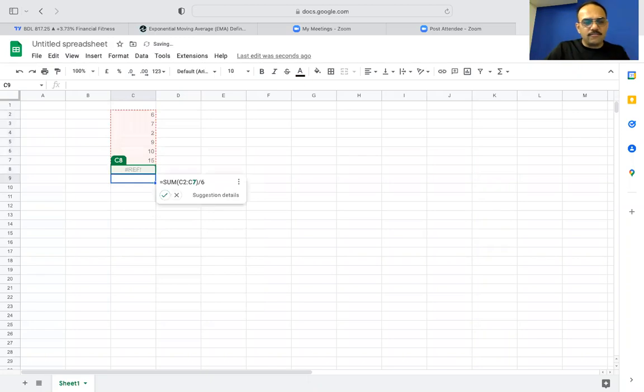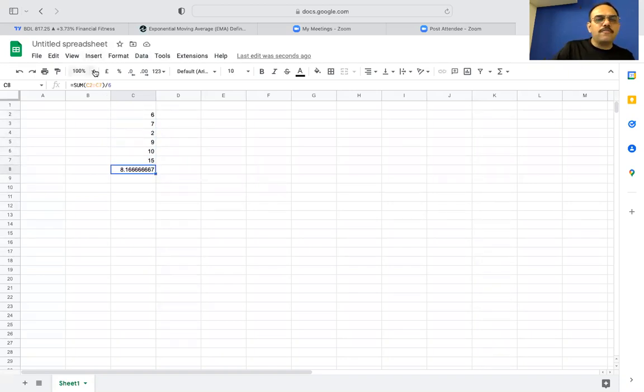And what happened? Something went wrong. Average is equal to the sum, okay, this is the sum, divided by 6, 1 2 3 4 5 6, and this is how we get the average.